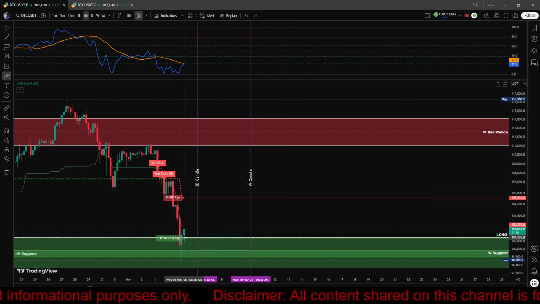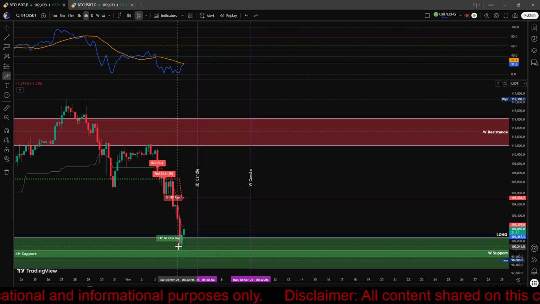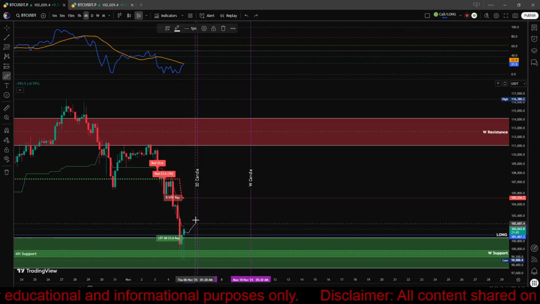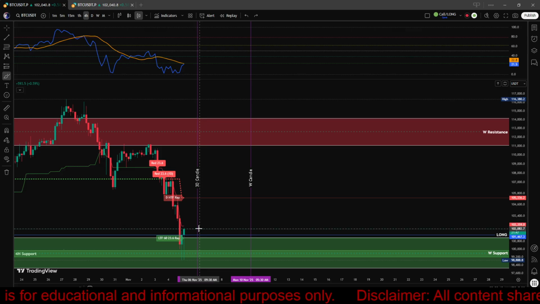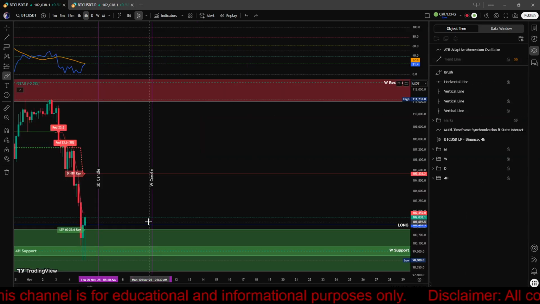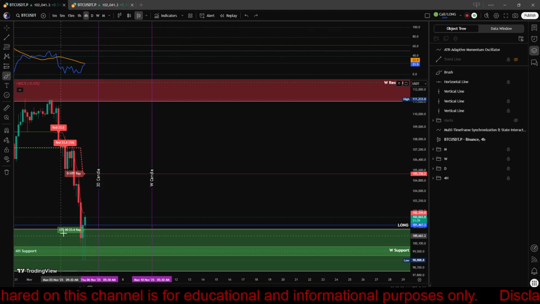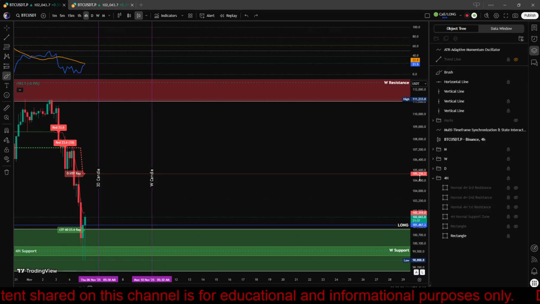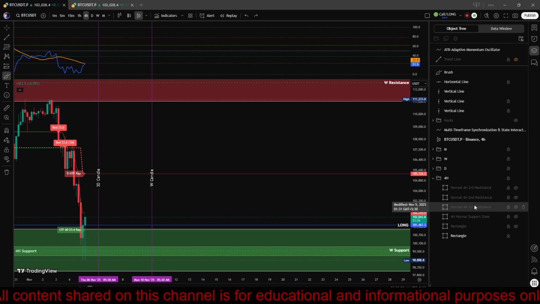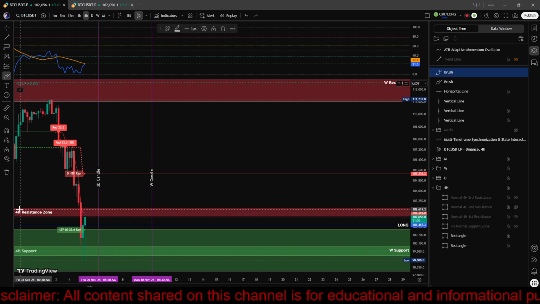And the last one, which I was trying to make, is about some sort of recovery. For that to happen, we have some levels. I've talked about this 4-hour support zone right now, inside this weekly. And we have, this is yet another resistance.